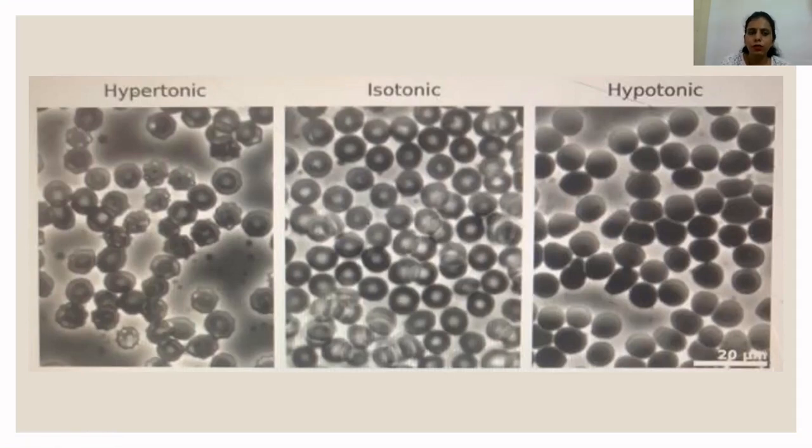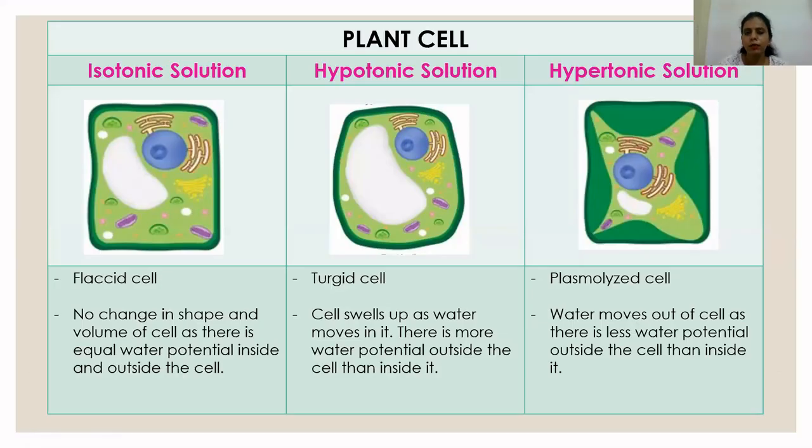So you should understand the meaning of these three solutions very well and should also be able to identify when an animal cell is placed in hypertonic, isotonic or hypotonic solution, based on the conditions given in the question. Next, we will discuss plant cells.